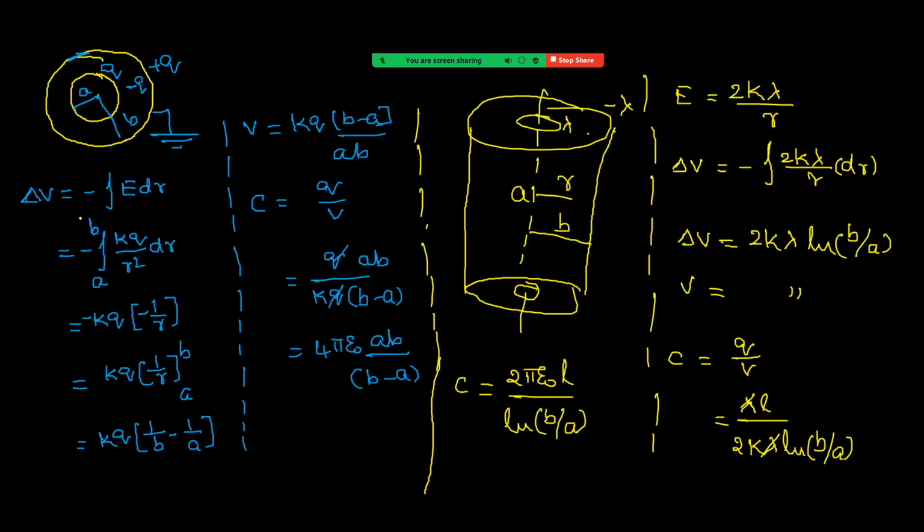The next step is calculation of the potential difference, and once we know the potential difference, charge upon potential difference gives capacitance. So for a spherical capacitor, it is 4 pi epsilon naught AB by (B minus A). For a cylindrical capacitor, 2 pi epsilon naught L upon ln B by A, right?